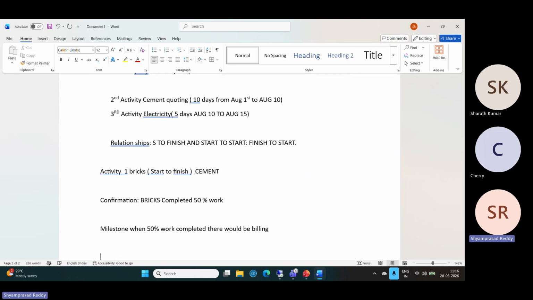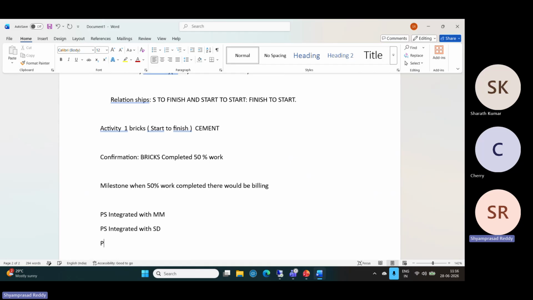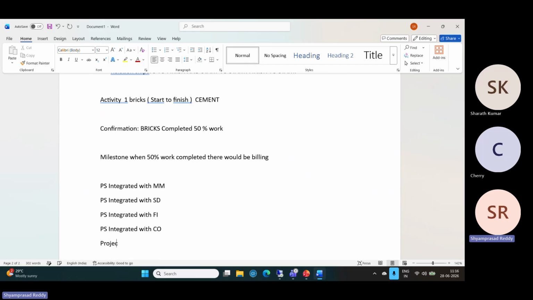Next, the project system is integrated with SD, FI, controlling, and PP.